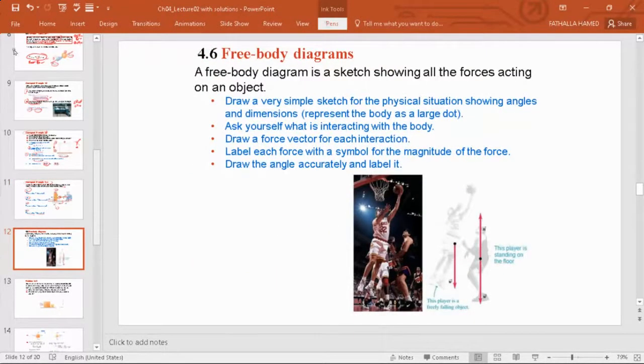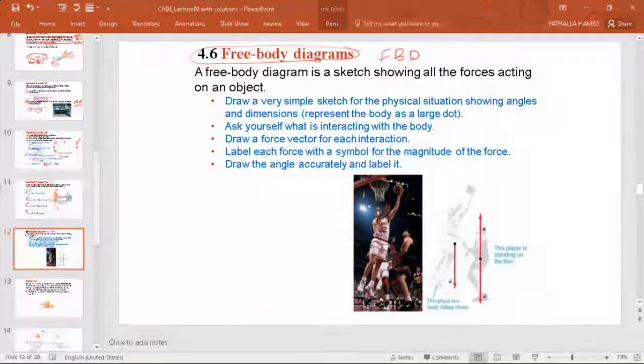Now, this brings in how you treat free body diagrams, and we can abbreviate that as FBD. A free body diagram is a sketch showing all the forces acting on an object. You have to differentiate between a system and an object.